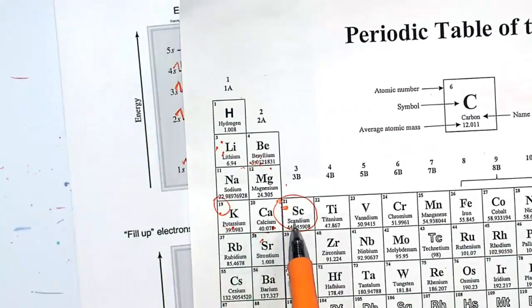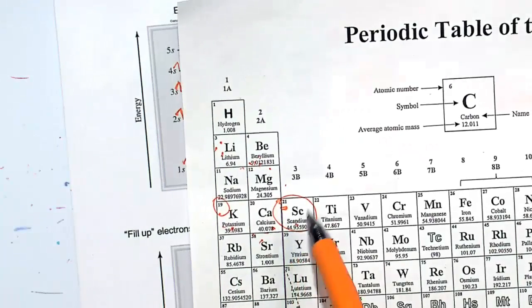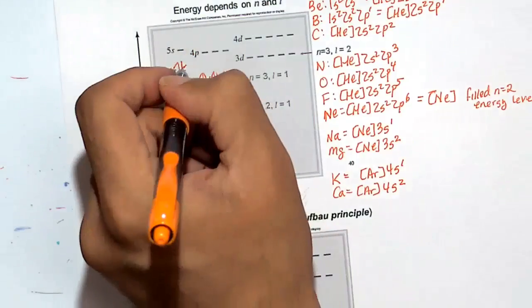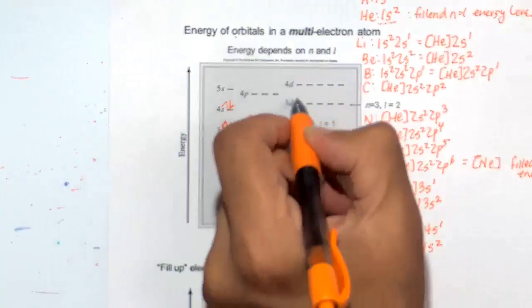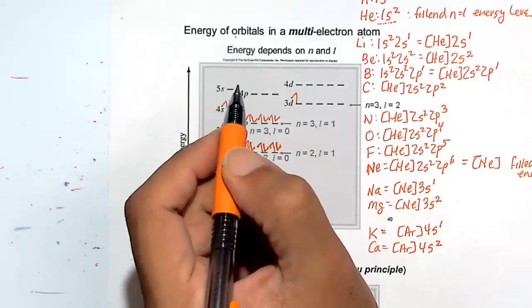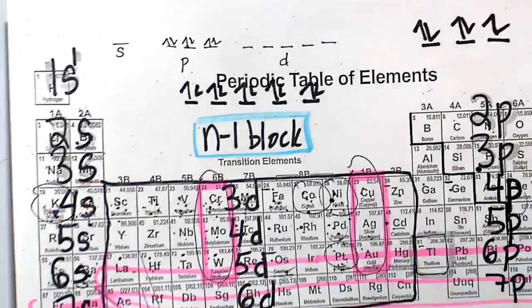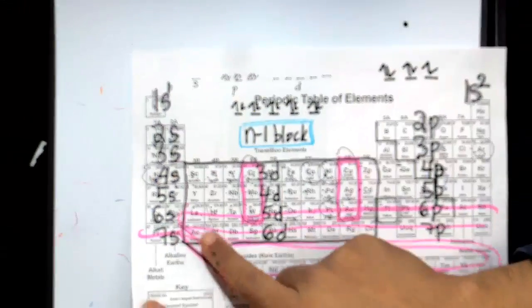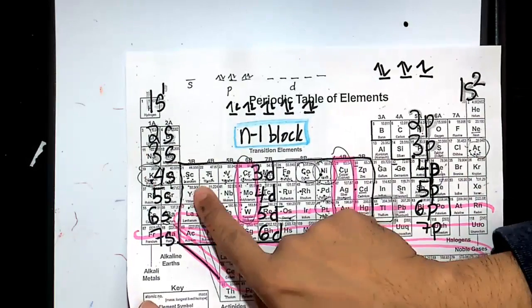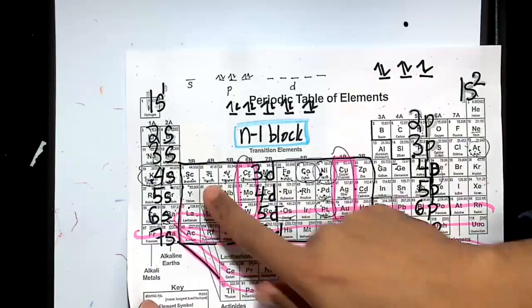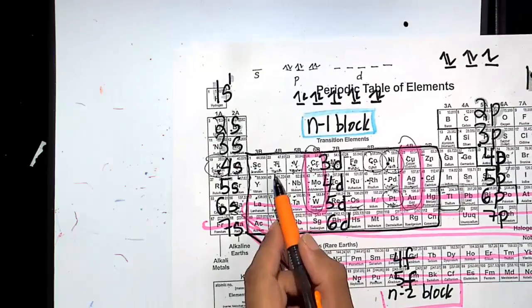Where will it go? 4s2, what's next? 3d1. So the electron configuration of scandium. Notice we're in the B block now. The electron configuration of scandium is going to be argon 4s2 3d1. What about titanium?